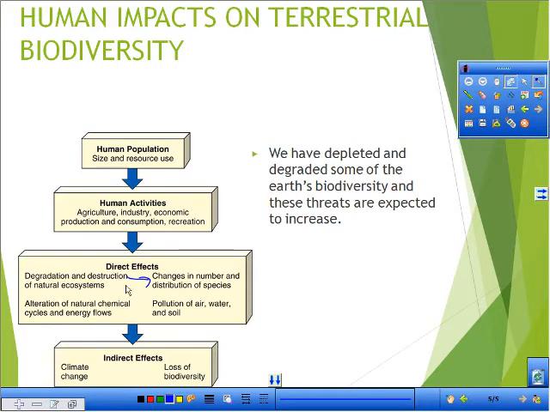As a result of the degradation and destruction, you see changes in the biodiversity. These are the things that we're doing, and it's having these direct effects on the biodiversity. And then the more indirect effects that we see, kind of 1 or 2 steps removed, is that loss of biodiversity and the climate change.